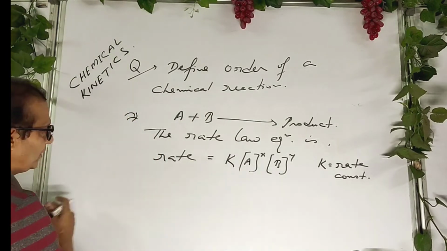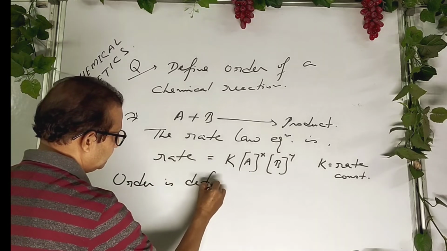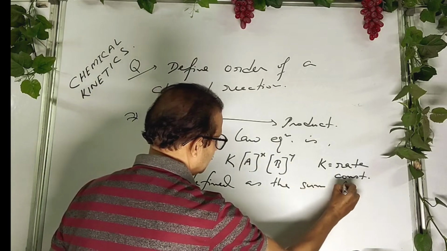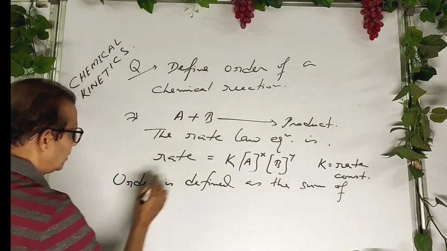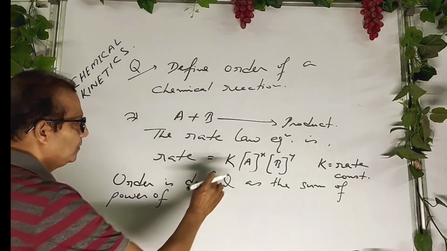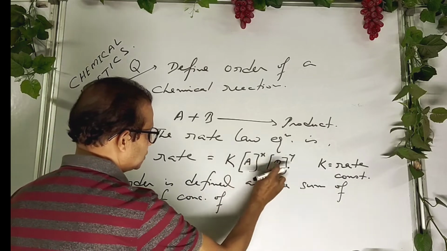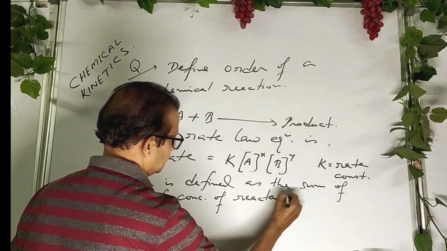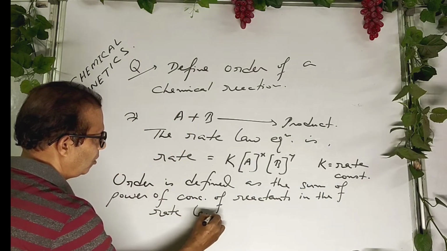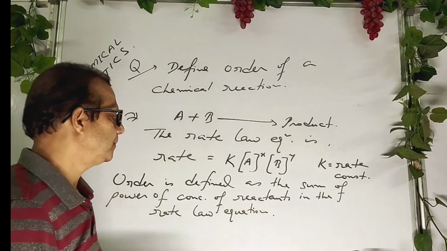Order is defined as the sum of power of concentration of reactants in the rate law equation. I think you understand it.